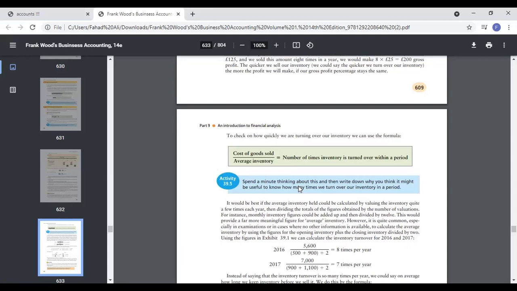It depends on the numerator. If there are 2 items, divide by 2. If there are 3 items, divide by 3. If there are 5 items, divide by 5. This is how the formula is derived. So in your average inventory, you will always divide by 2.